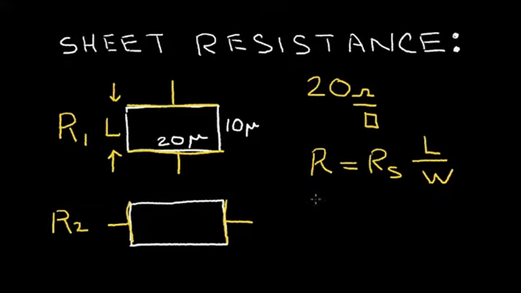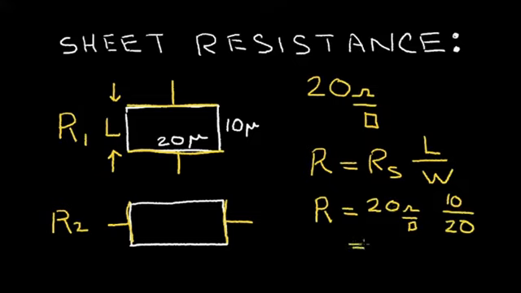So let's solve for R1. R1 equals the sheet resistance, which is 20 ohms per square, times the number of squares, and the length is 10. The width is 20, so I have a half a square, times 20 ohms, so the resistance R1 is equal to 10 ohms.